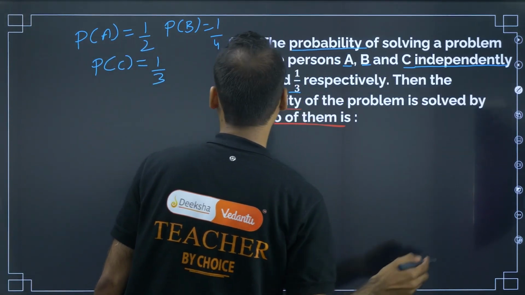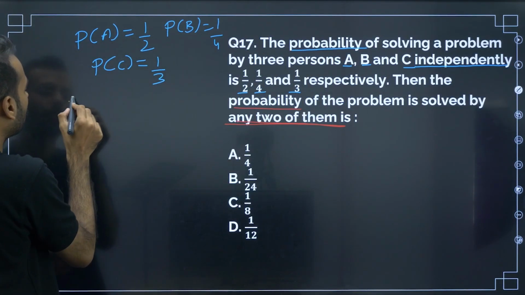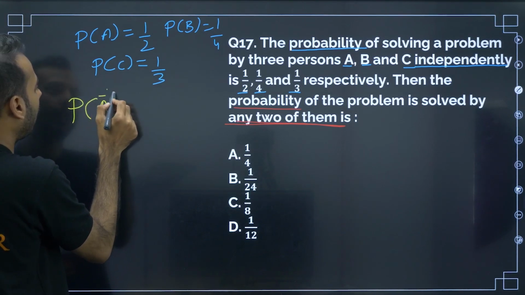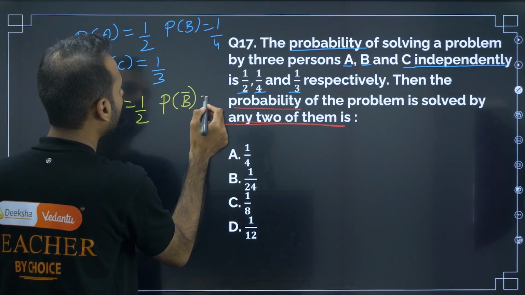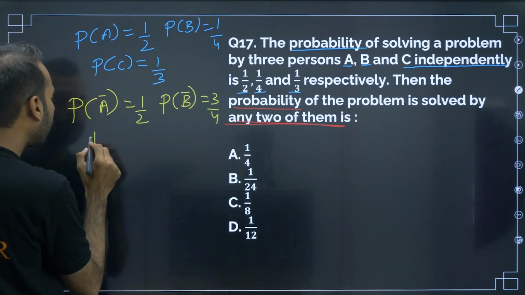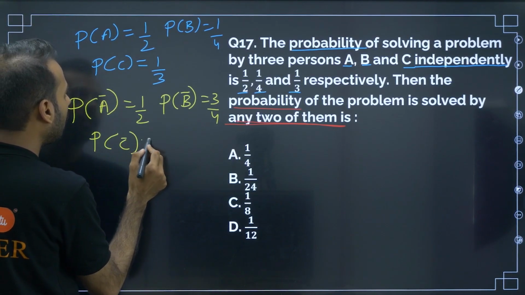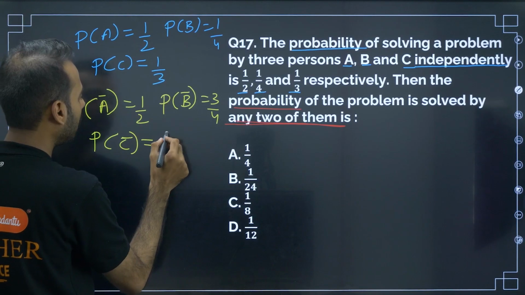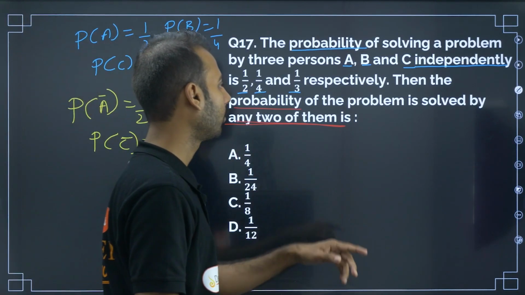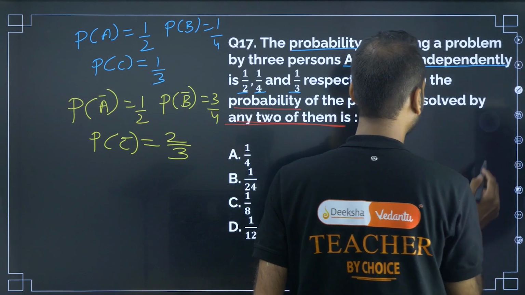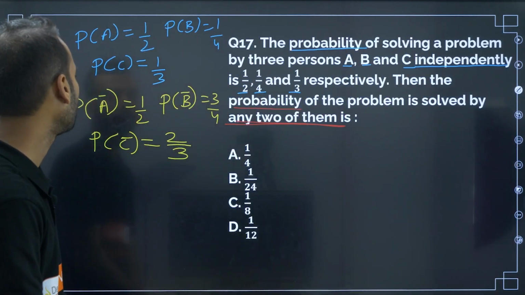Now from here, remaining data I can extract: P of A dash is 1 by 2, P of B dash is 3 by 4, P of C dash is 2 by 3. Problem is solved by any two of them. Now how to approach this?